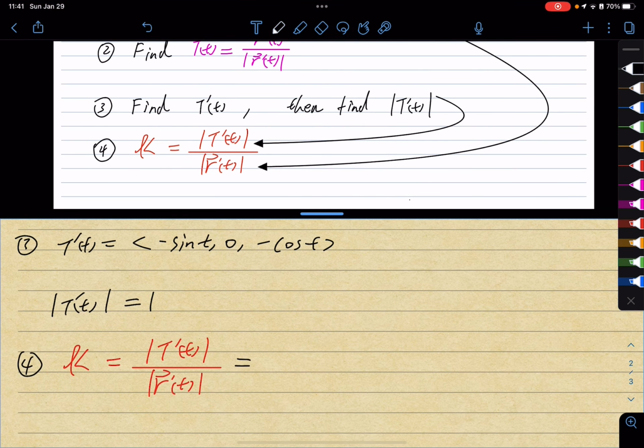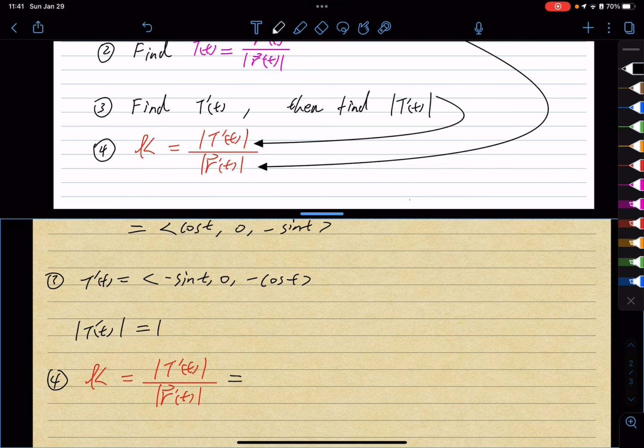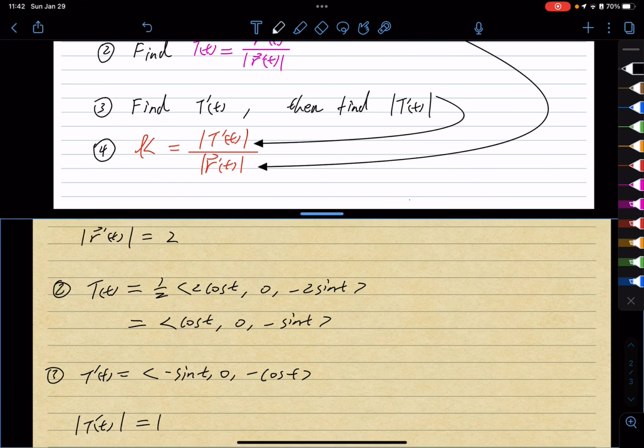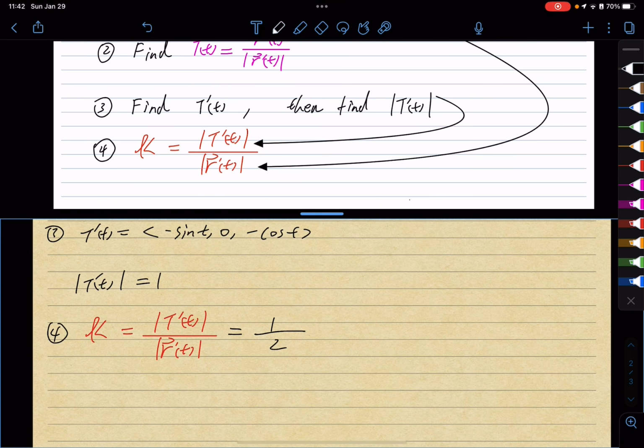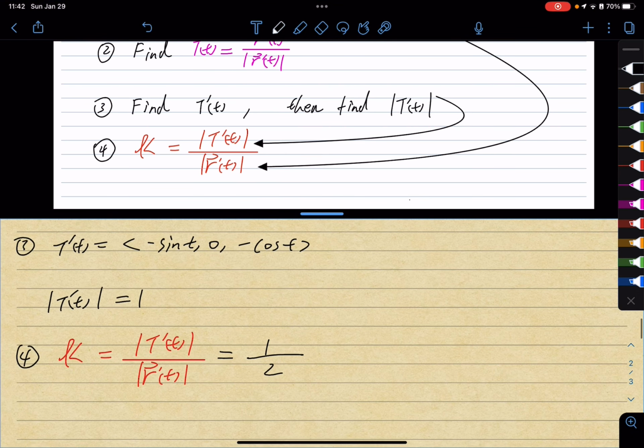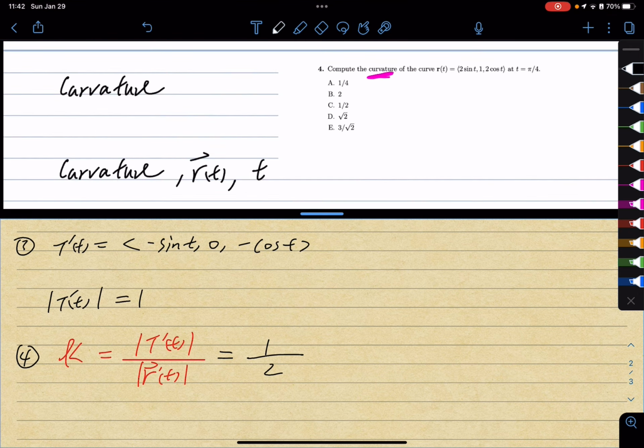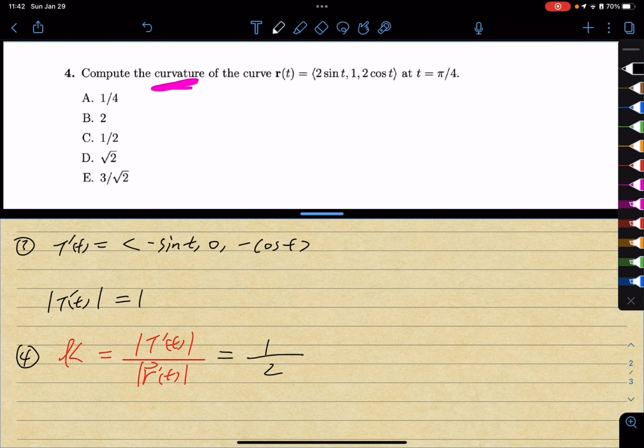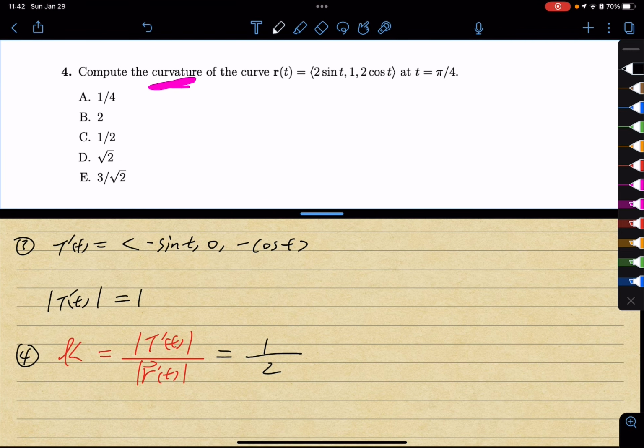So we are just going to have 1 over 2. And that's the curvature for the curve for all values of t, because t is not part of the equation. We don't need to substitute t equals pi over 4. So the correct answer for this question is just C.